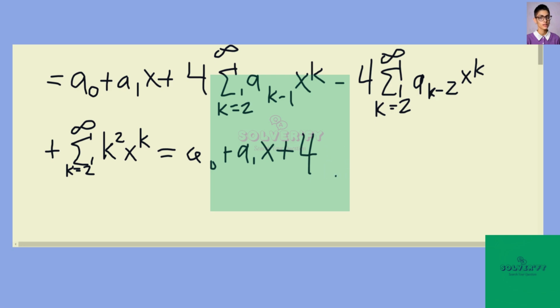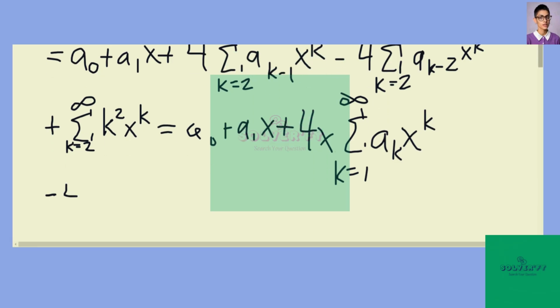In fact, I'll just write it this way: 4 times x times the sum from k = 1 to infinity of a_k x^k, minus 4 times x^2 times the sum from k = 0 to infinity of a_k x^k.